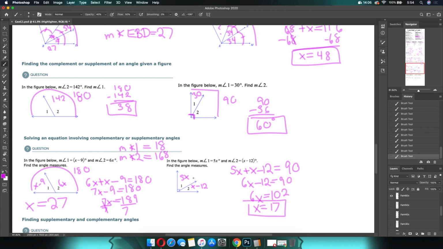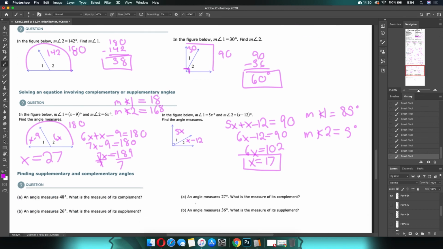All right, is that what we're looking for? Nope. We need the measure of angle 1 and the measure of angle 2. Okay. So angle 1 is 5 times 17, so that is 85. And then the measure of angle 2, 17 minus 12, is 5 degrees. There we go.